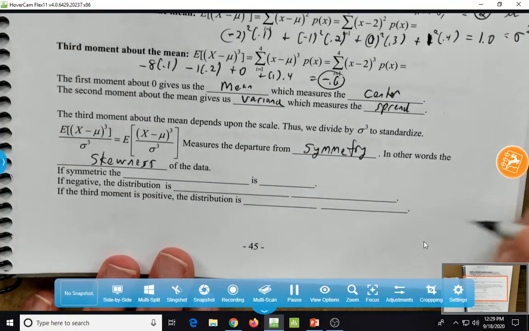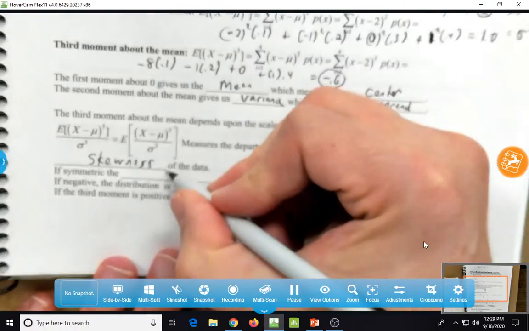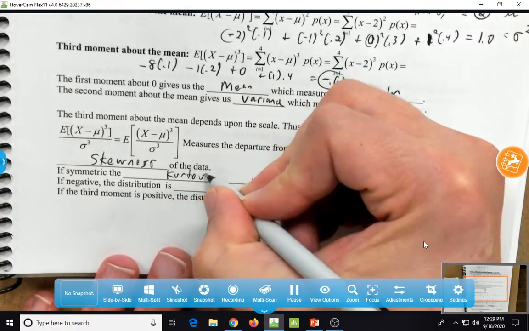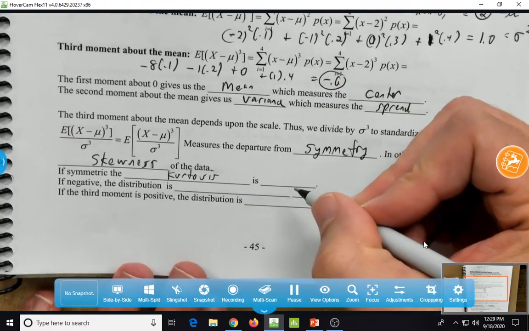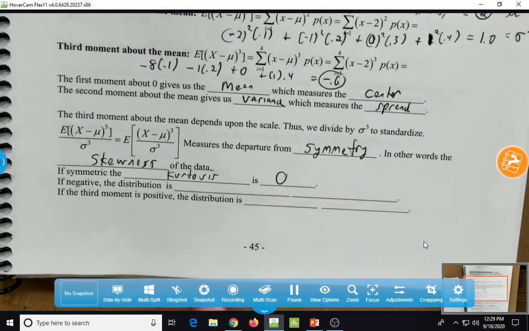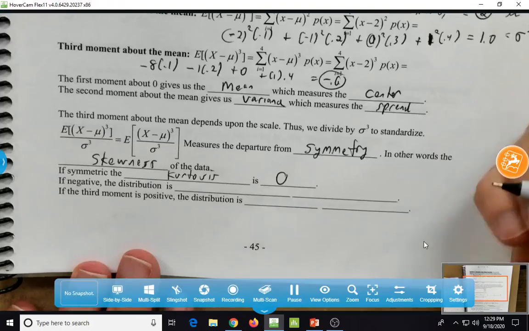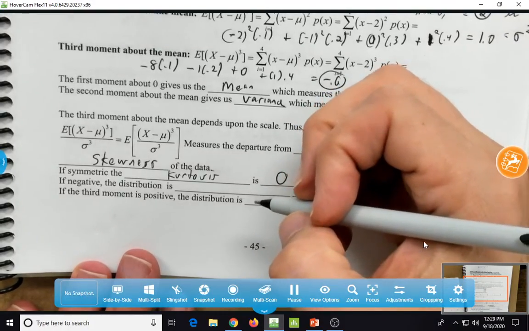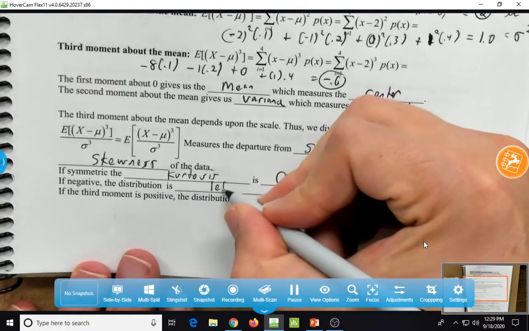So if symmetric, the third moment is, what do you think? 0. That's right, because you have as much on the left as you do on the right. So there's a symmetry. If negative, the distribution is left skewed or negatively skewed.